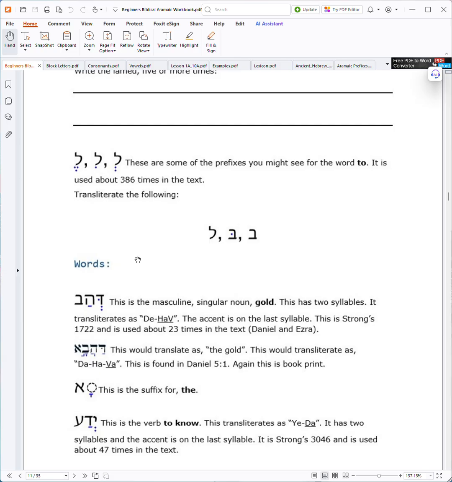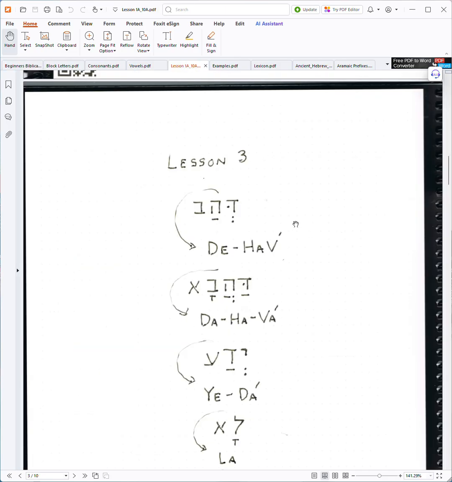So then we get into the word for gold, and it has 2 syllables, and it's Strong's 1722, and it's used 23 times. So here is gold. We start out with the dalet, which is a D, and then we've got the shavah, and we said if the shavah is under the first consonant in the word, it's pronounced.